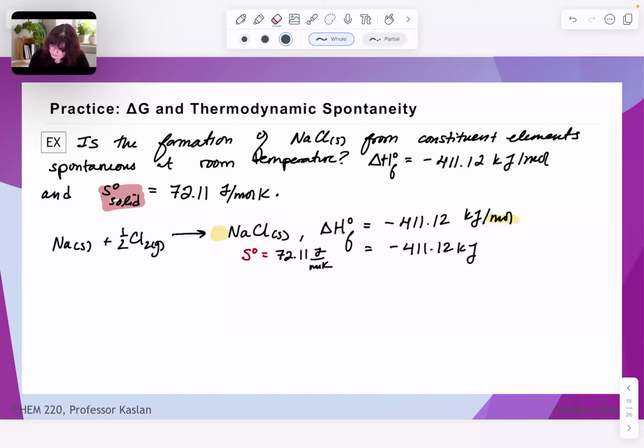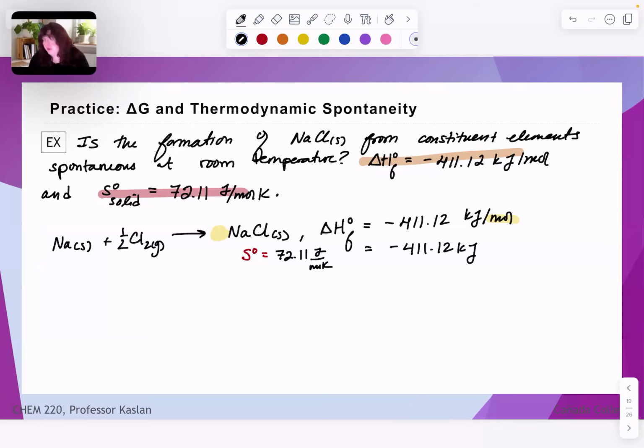Some other things that we are probably going to need, since we are looking at a chemical reaction, and remember, by definition, we identify our reactants as being our system here. Sorry, my mind had to buffer for a minute. Let's see if I can find these standard entropy values for solid sodium. I've got a table of reference values in front of me. So sodium solid, by definition, is a pure crystal.